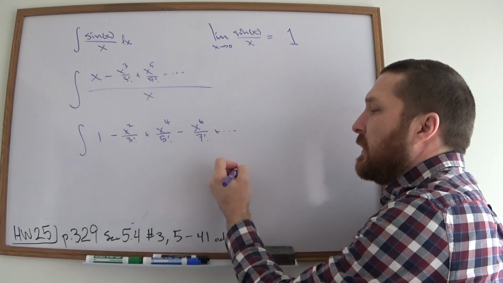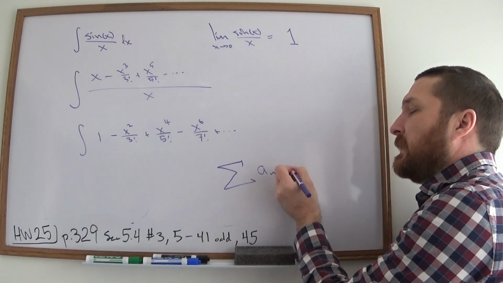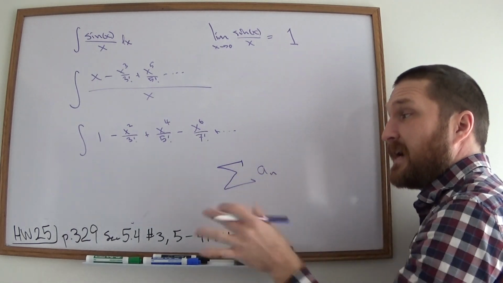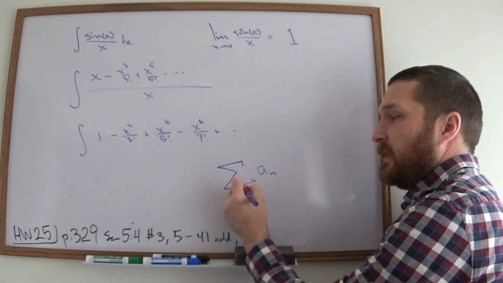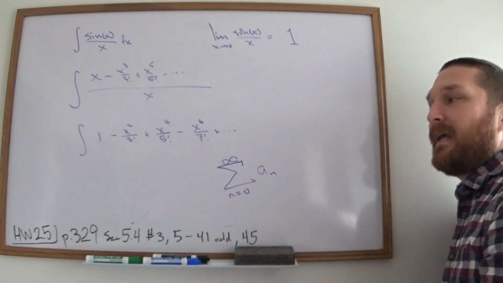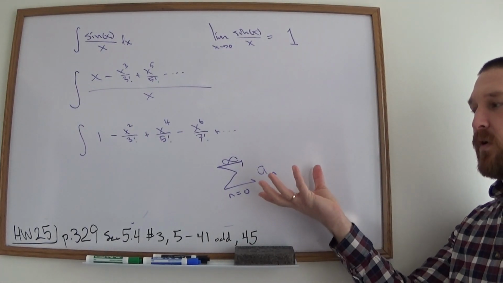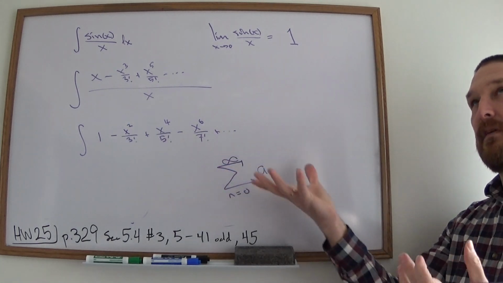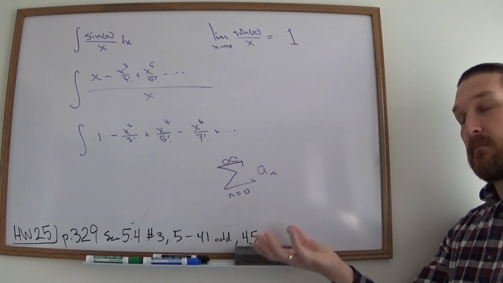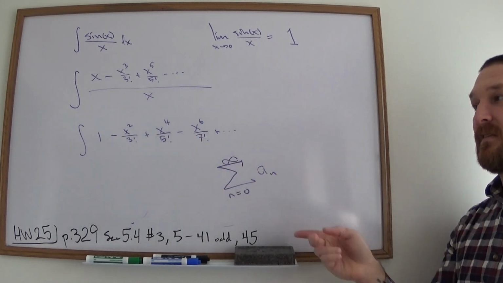So, again, a sum of things can either converge or diverge, right? If you have an infinite sum, this is kind of the question about an integral, because an integral is an infinite sum. And so now you're taking an infinite sum of an infinite sum.